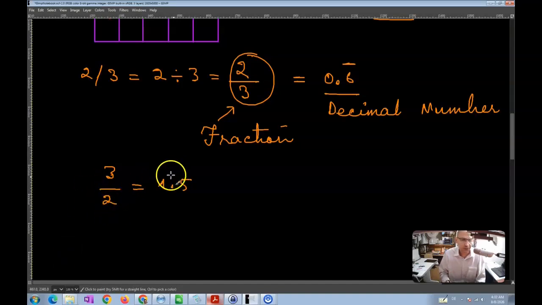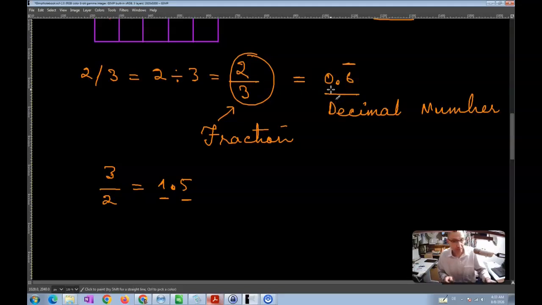So the number turns out to be larger than 1. You have a 1 over here, and a 0.5 over here, so the number is a half larger than 1. But when you divide a smaller number by a larger number, you will get a number which is less than 1, which means you will get some number like 0.6, 0.3, 0.7, something like that.